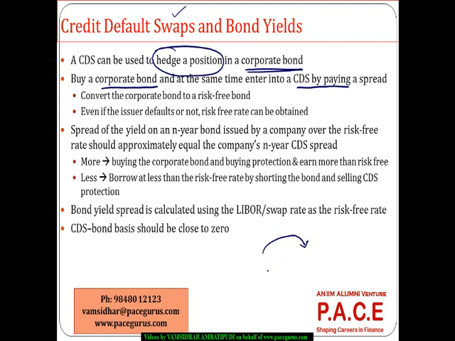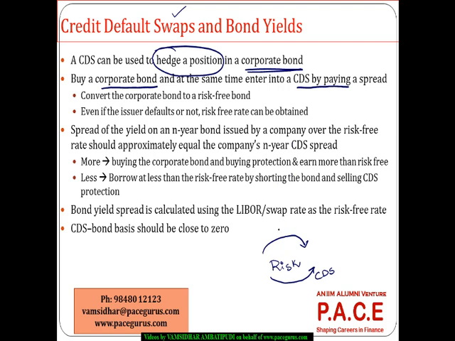Because I have purchased a corporate bond, there is a possibility of credit risk. And to mitigate that credit risk, I have gone for protection through a CDS. Now the CDS will protect me against any kind of default of this bond.